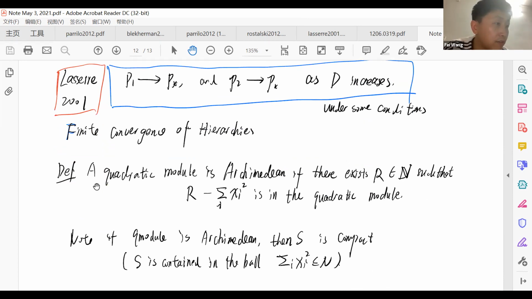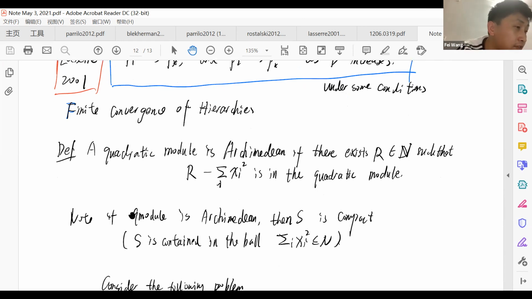First, we need a definition of Archimedean. The definition is the following: a quadratic module is Archimedean if there exists R in the natural numbers such that R minus the sum of x_i squared is in the quadratic module.